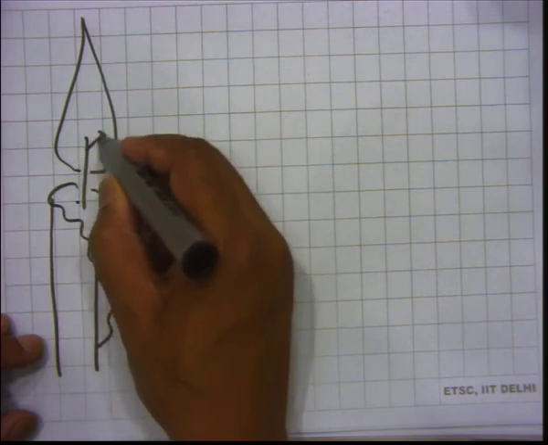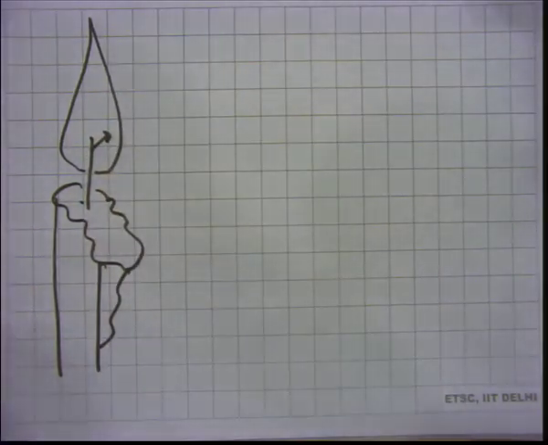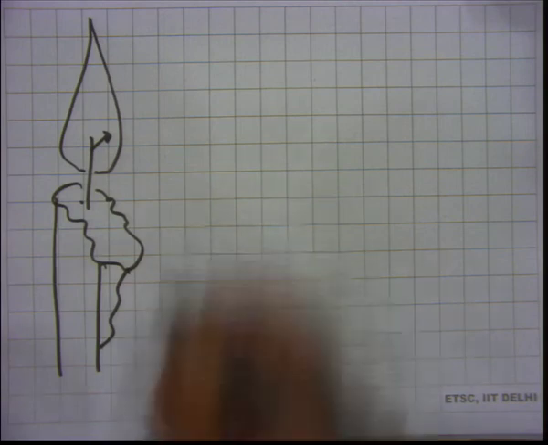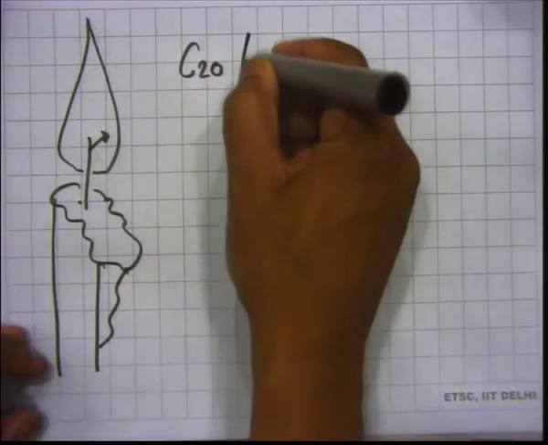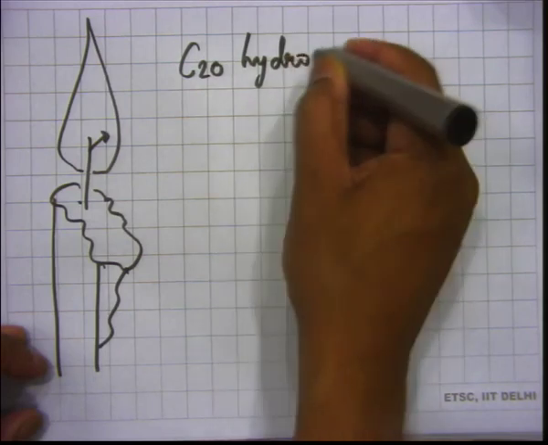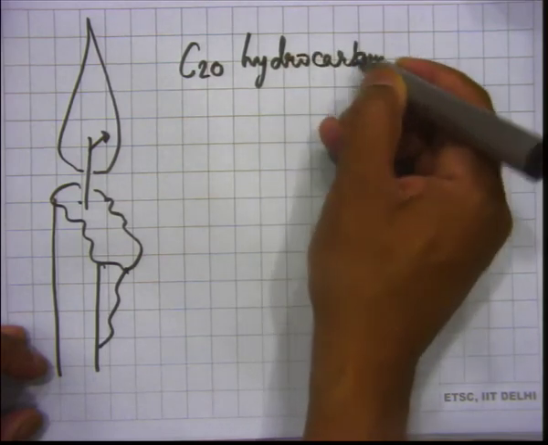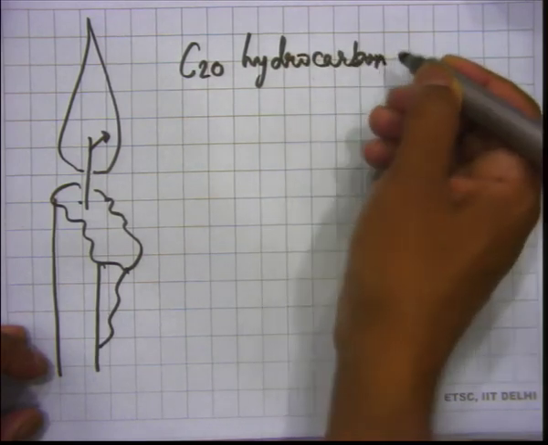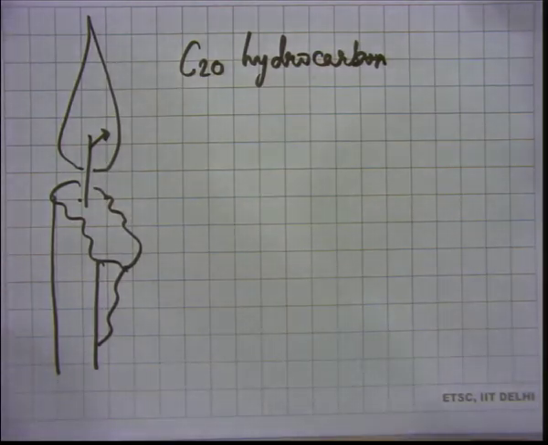Okay. Did the fuel have carbon? Yes, but in the form of hydrocarbon, right? Maybe a C20 hydrocarbon. Did it have solid carbon in it? No, it didn't have solid carbon.